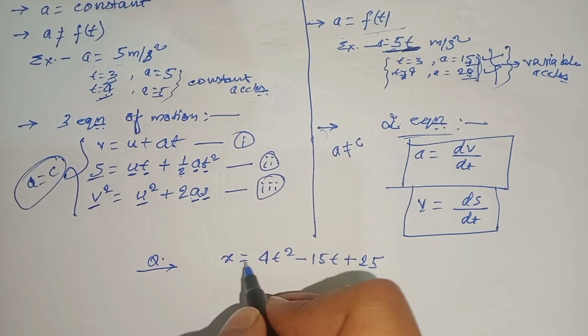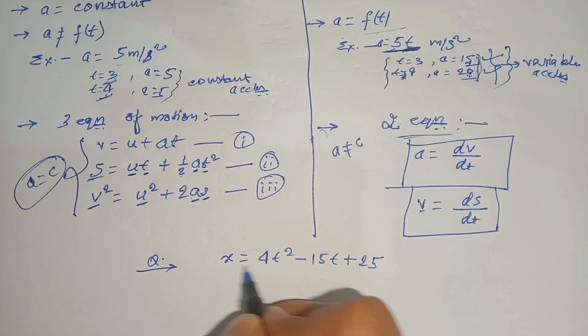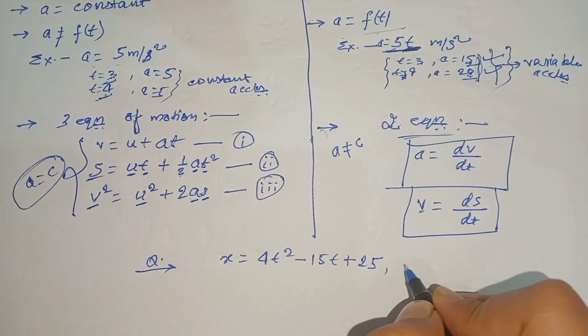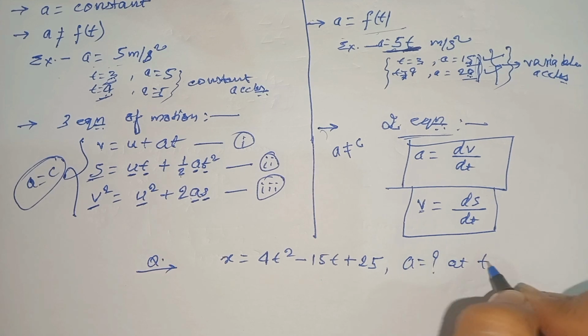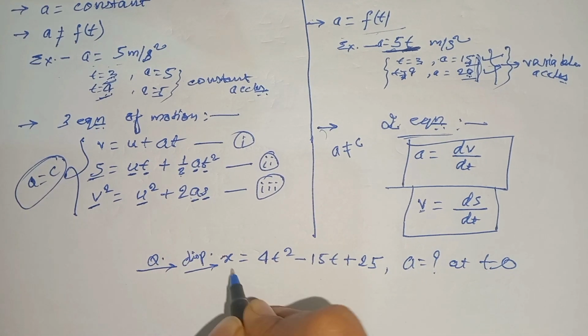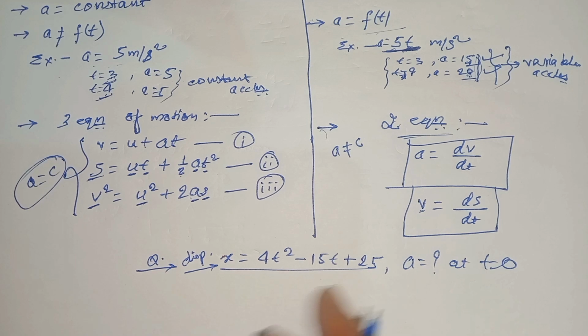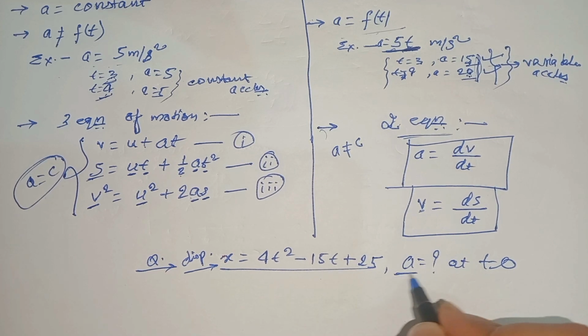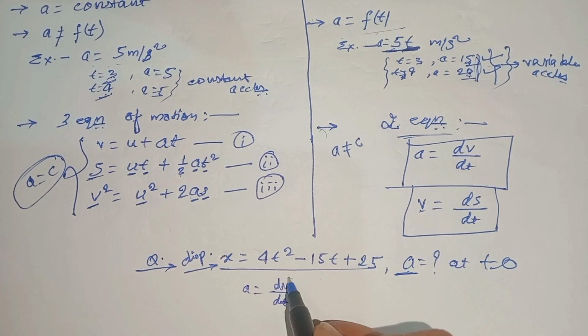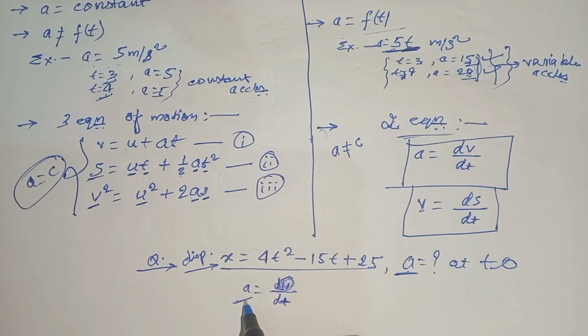We have to find acceleration at t equals 0, or 1 or 2, anything we can take. The displacement equation is given, so how will we find acceleration? We know that a equals dv by dt, so we first need to find velocity, then we can find acceleration.